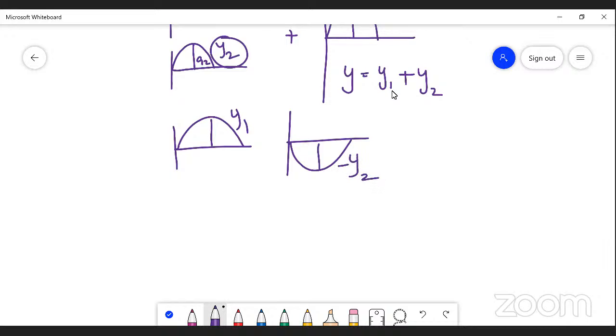I want to calculate the resultant displacement, which is y equal to y1 minus y2, the difference of the two displacements. If the two amplitudes are the same, the resultant value y is equal to 0. This is A1, this is A2.